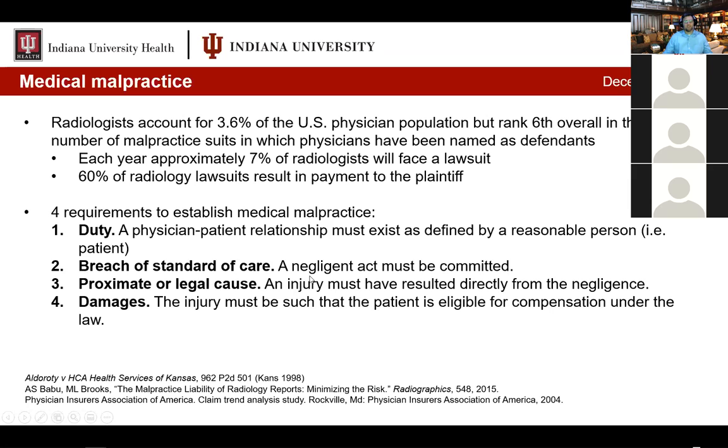Any breach of a standard of care is considered a negligent act, so that negligent act must be committed. An injury must result directly from the negligence. That's called proximate cause or legal cause. And then 4th, there must be damages. So the injury must be such that the patient is eligible for compensation or damages under the law. These are the 4 requirements to establish medical malpractice.